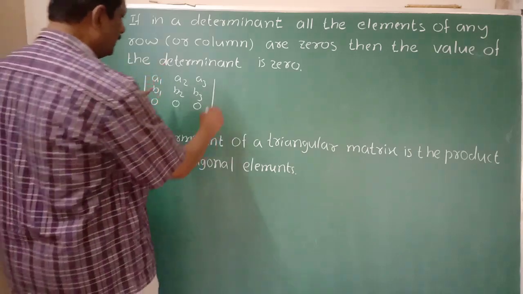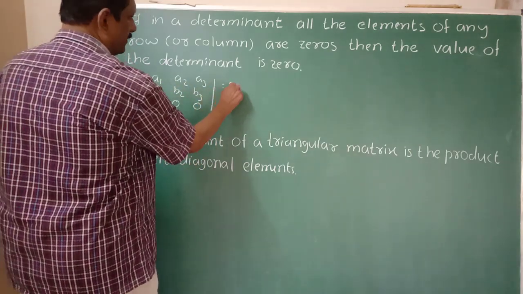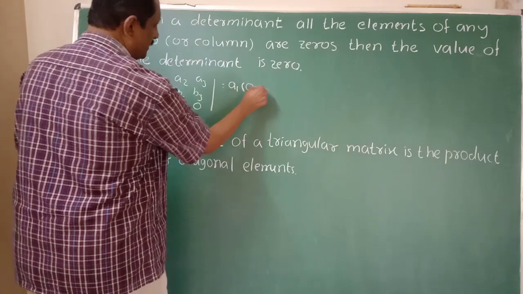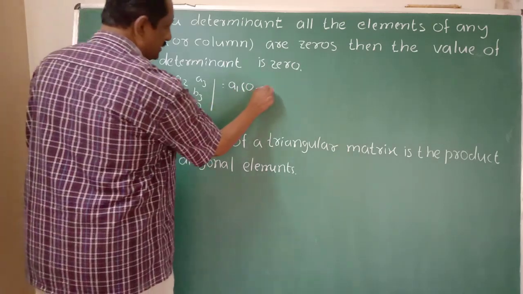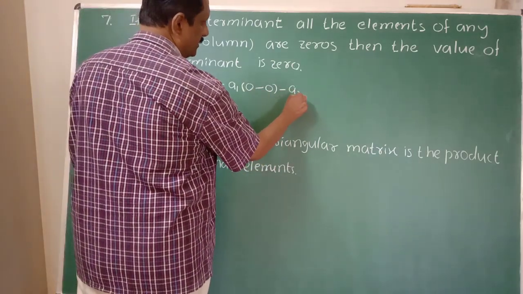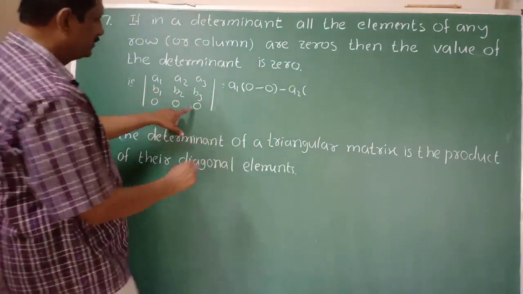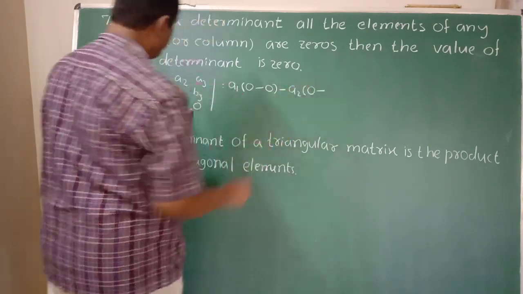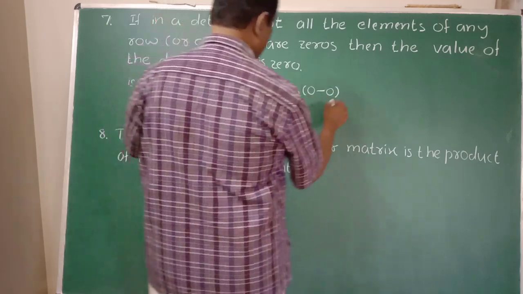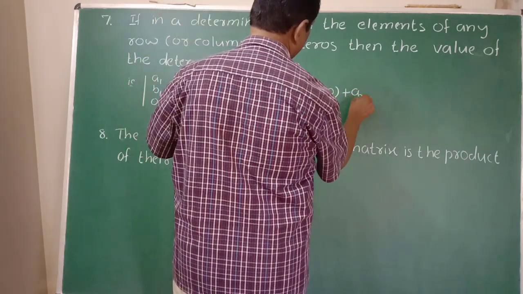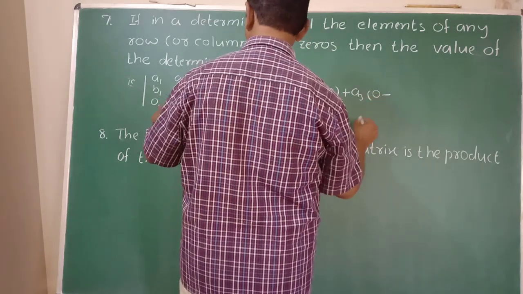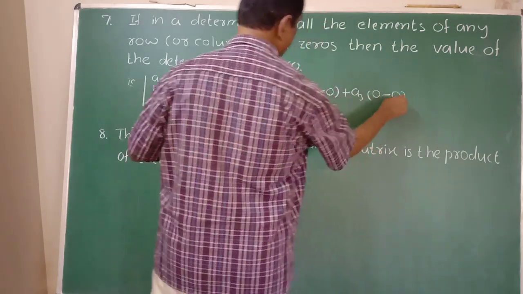You can observe here: A1 into B2 into 0 becomes 0, minus 0 into B3 is 0. Minus A2 into B1 into 0 becomes 0, minus B3 into 0 is 0. Then plus A3, B1 into 0 is 0, minus B2 into 0 becomes 0.